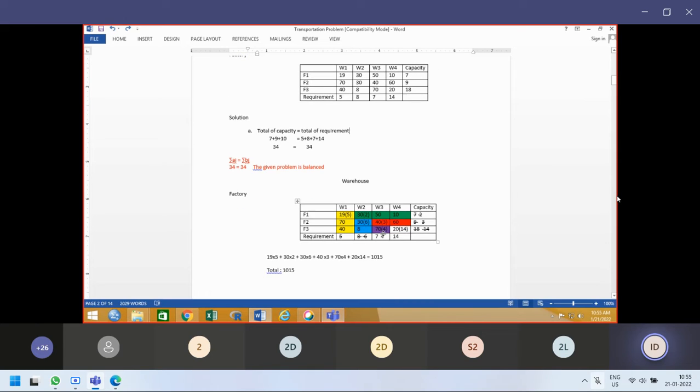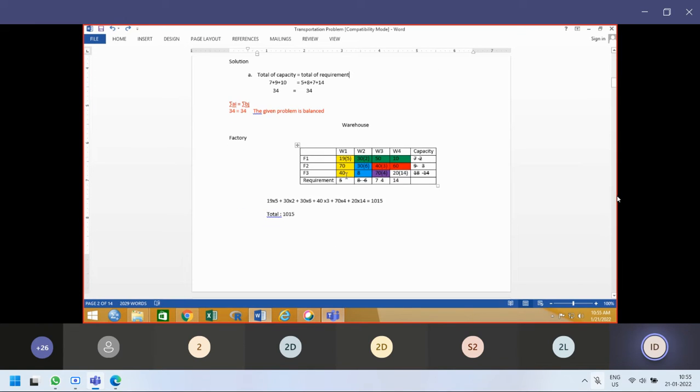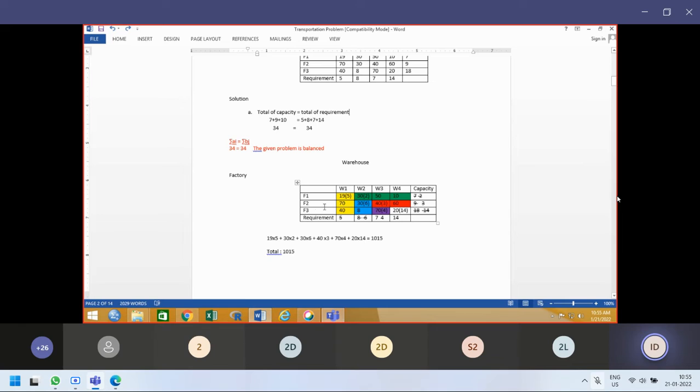Chalo. Now you do one thing. Just draw the blank table of this, factory 3, 4.